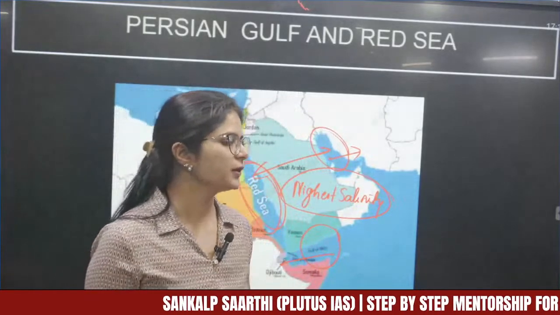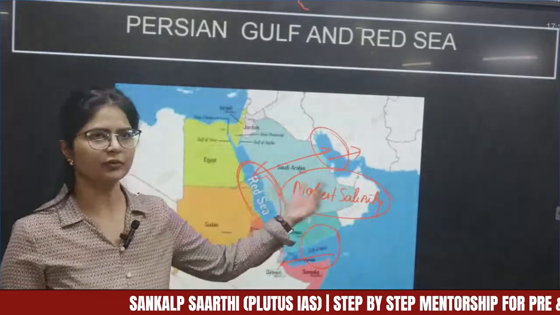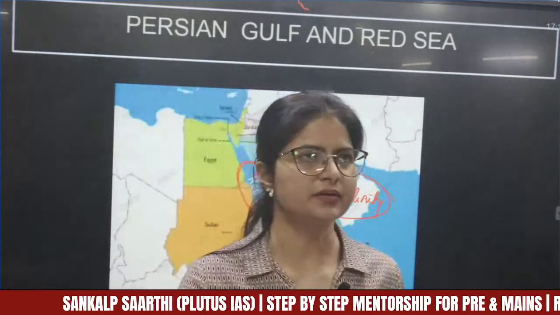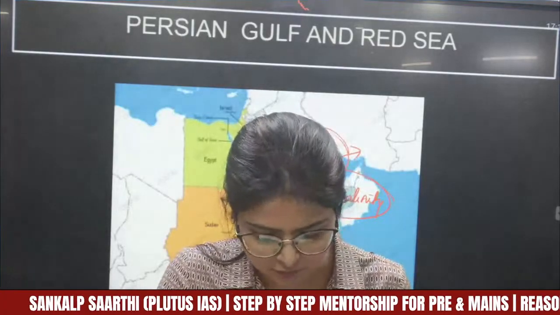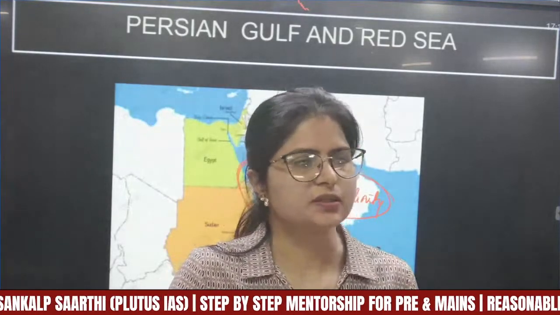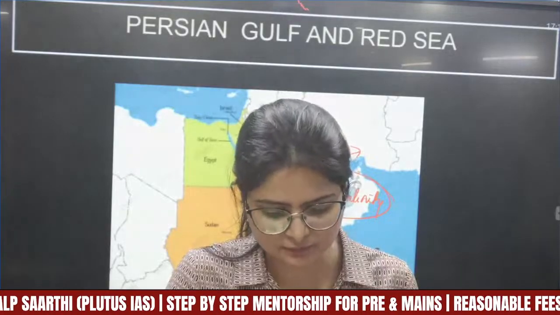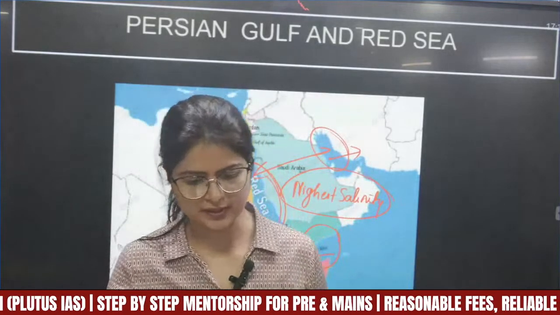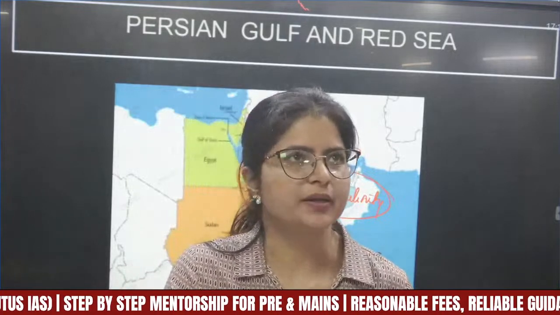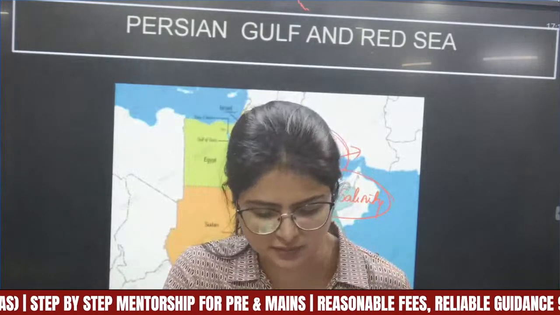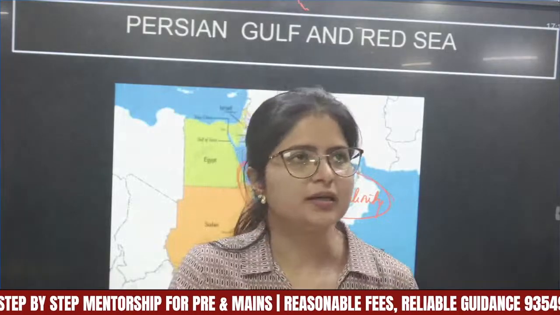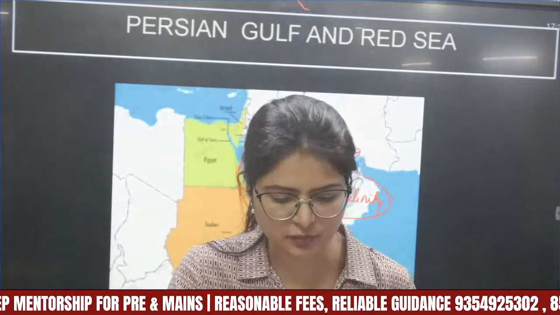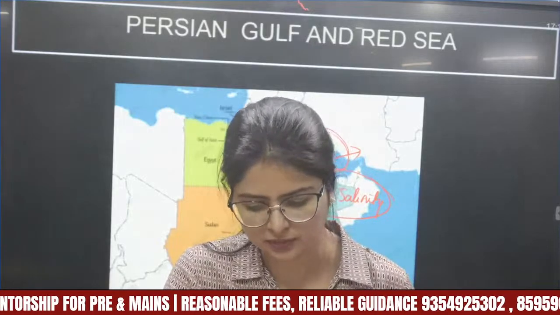That means they are having values of 37 or more. Write down the reasons: high evaporation rates, relatively low precipitation rates, and limited freshwater inflow compared to others.